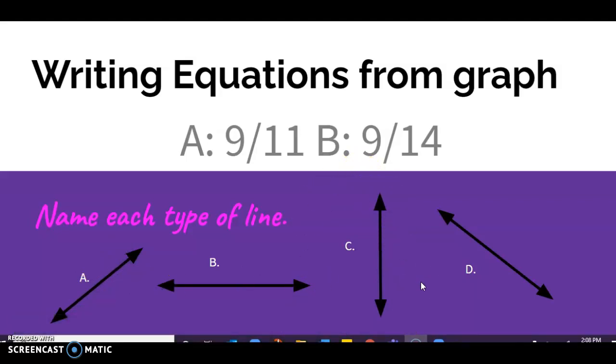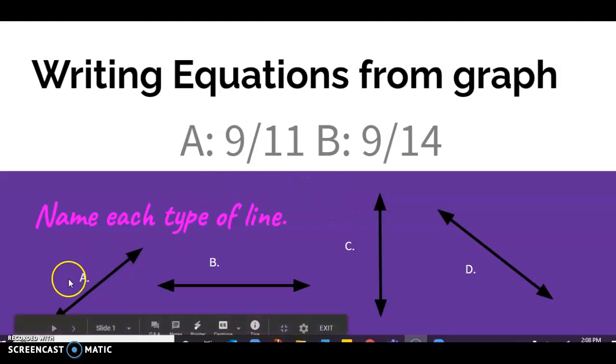Remember slope guy, the positive, negative, zero, undefined? If you are not able to automatically look at the line and see what it is, I do want you to use your notes as a resource to go back and check. So those are a good tool for us to use.